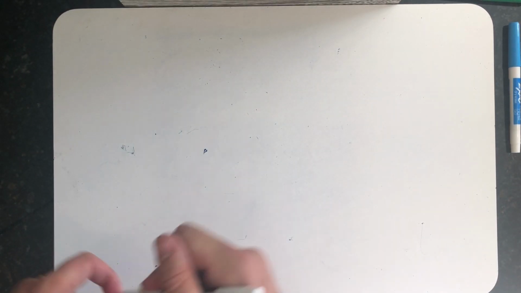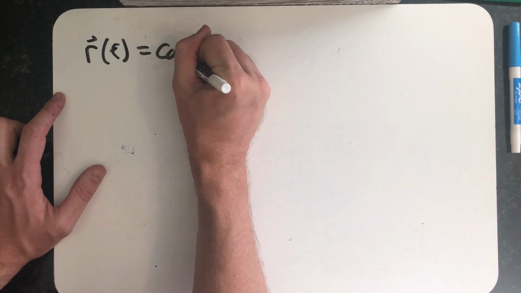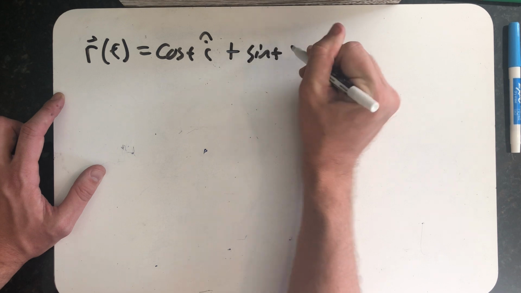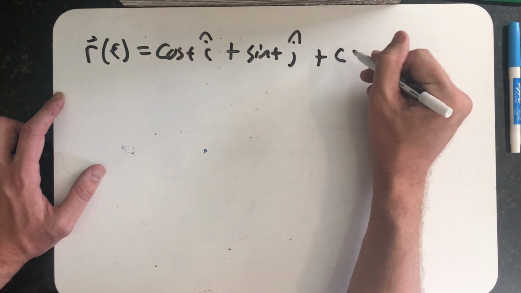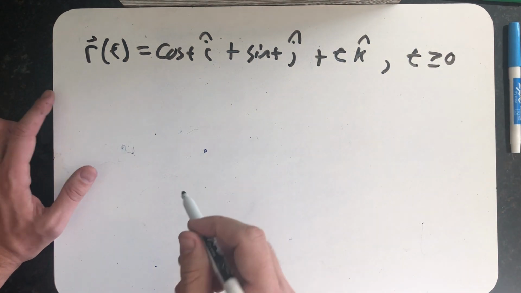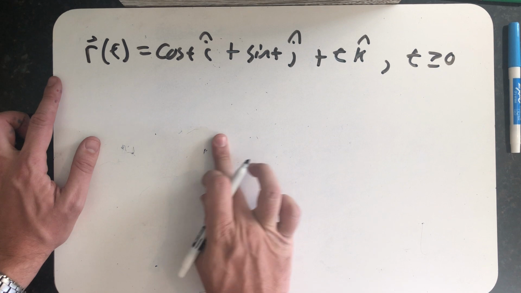So for that example, I kind of want to take my favorite example, that helix we keep looking at. And again, let's let t be bigger than or equal to 0. So we just think about that helix kind of coming out of the xy plane up towards the camera.